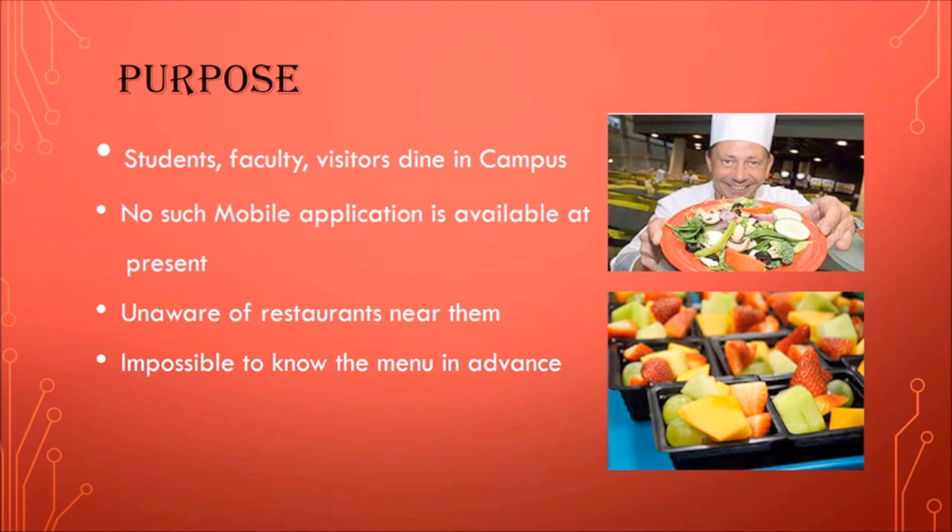There are also situations when diners go to UC restaurants and are disappointed looking at the menu there and then end up eating whatever they get due to time and distance limitations. If diners knew in advance about the menu that day and also could read reviews on those dishes from other diners, they will be free to choose what they want. Presently, there is no such mobile application available.